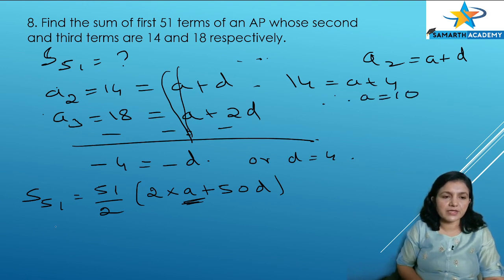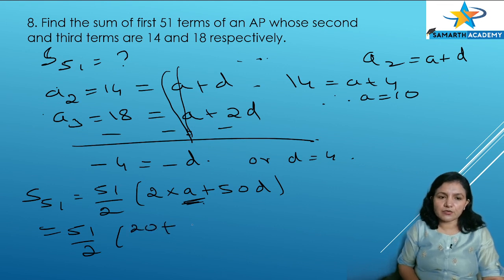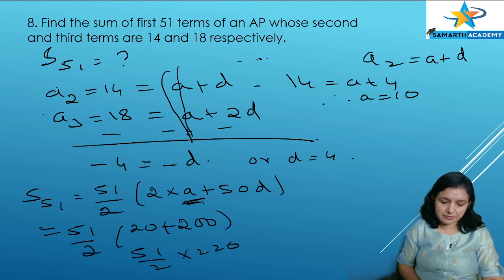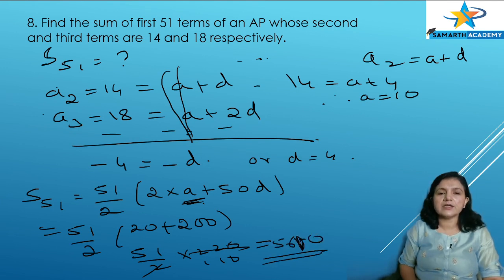Let's substitute that. This is 51 by 2, 2 into a, that is 20, plus 50 into 4 is 200. 51 by 2 into 220, cancel this, you'll get 110. 51 into 110 is 5610. So this is the required answer.